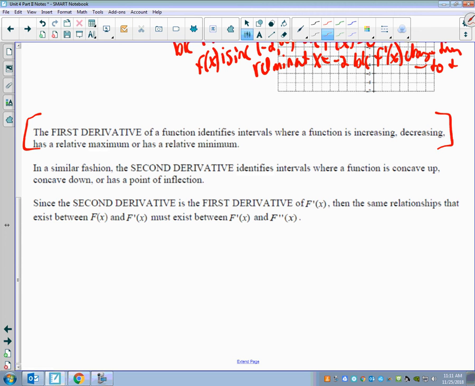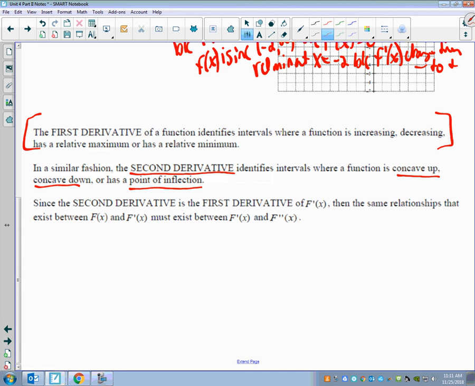Now, it says in a similar fashion, the second derivative, and we've talked about this a little bit, indicates where a function is concave up, concave down, or has a point of inflection. That's kind of a new part. And it says since the second derivative is the first derivative of f prime of x, we can also use this same relationship between f of x and f prime of x between f prime and f double prime.